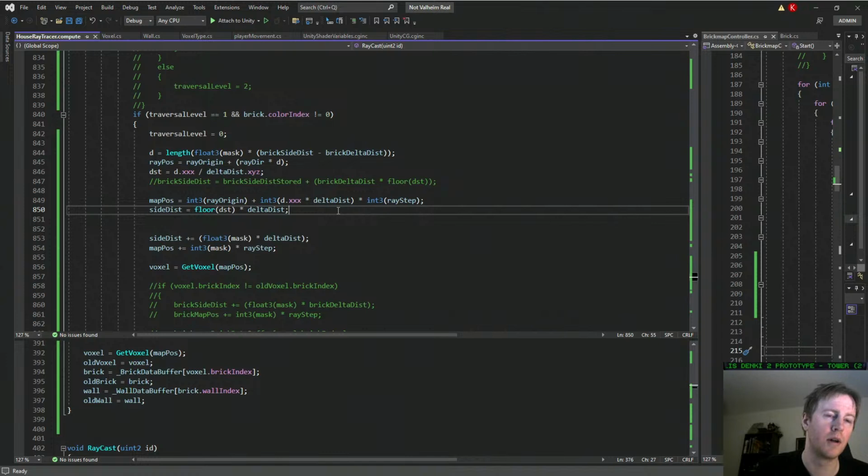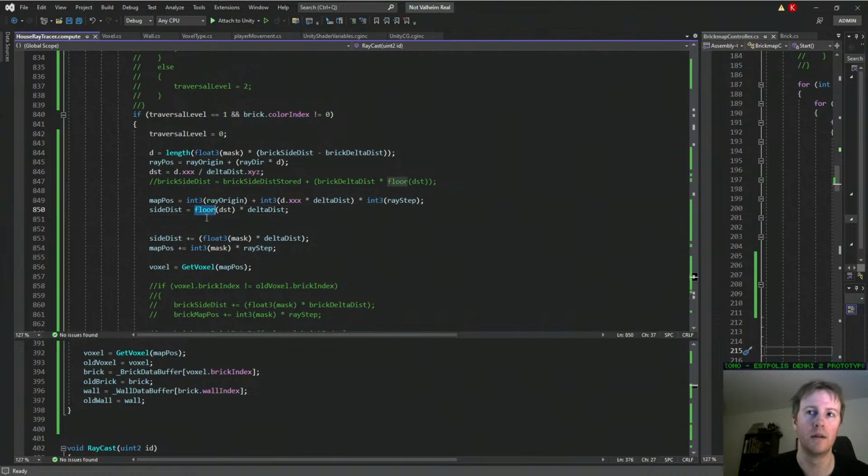No, it might not be fine. Because we're actually iterating the lowest ray distance. So we might actually not be high enough. That might be a bigger issue. It might not be high enough.